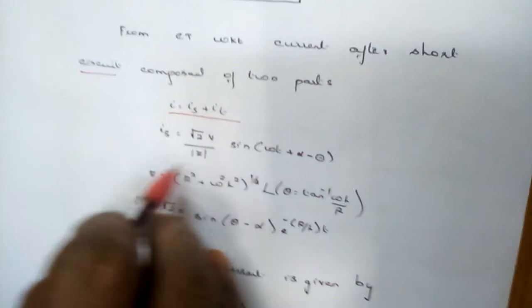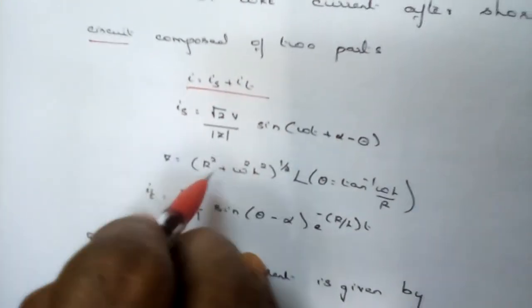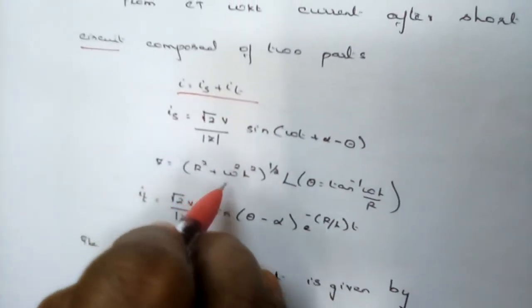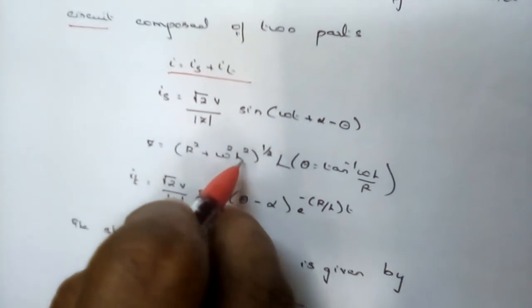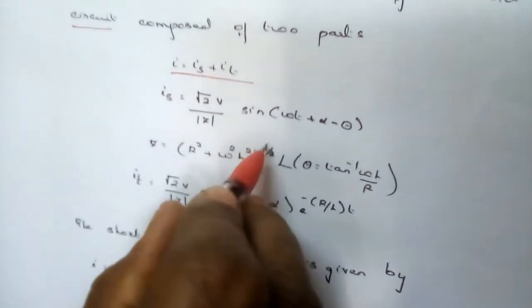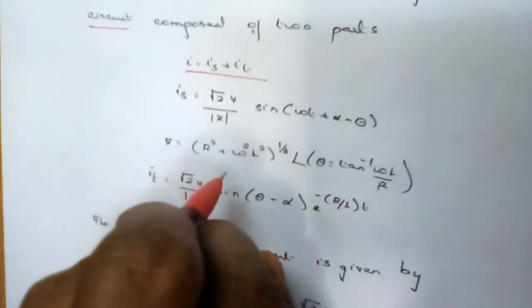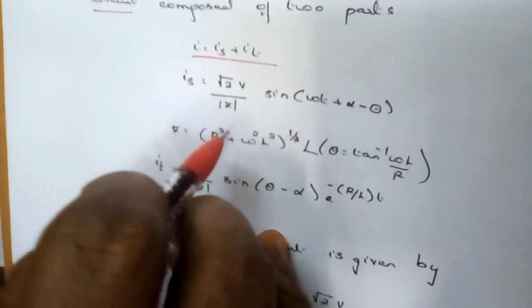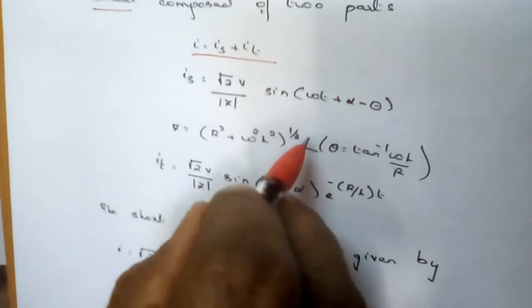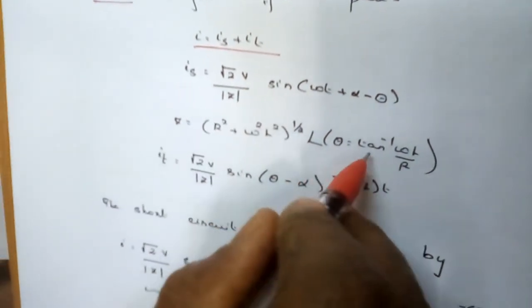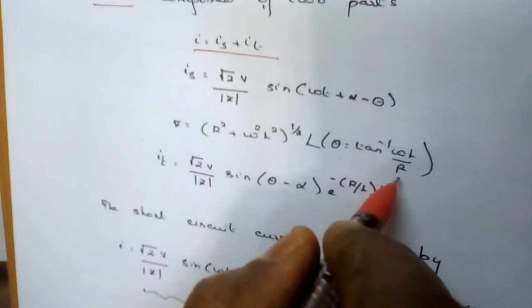The impedance Z is given by the square root of R square plus omega square L square. This is given by the formula of a series RL circuit, right? And angle theta is equal to tan inverse of omega L by R.